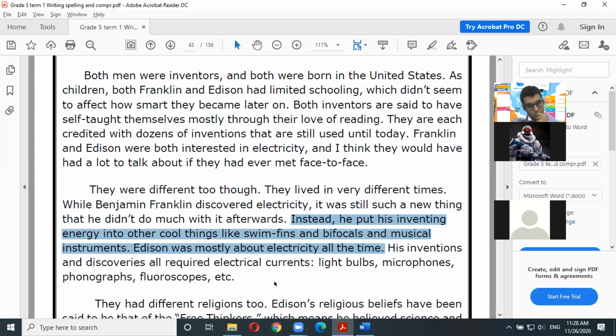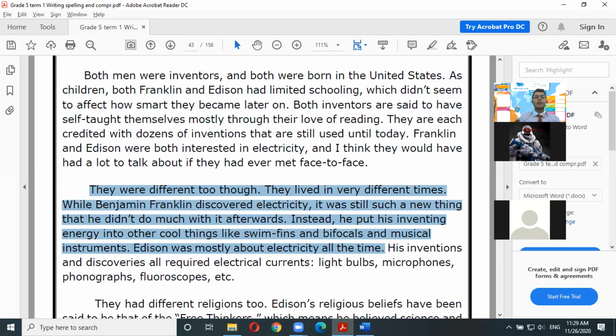Edison was mostly about electricity all the time. Very good. So here, is there something to be written in differences? Yes. What is it?